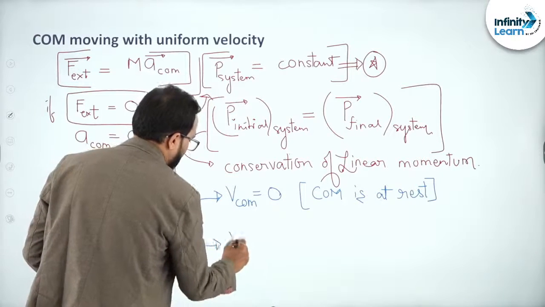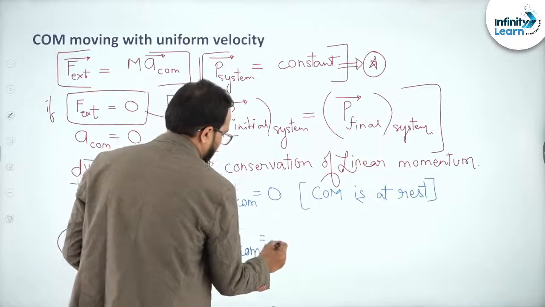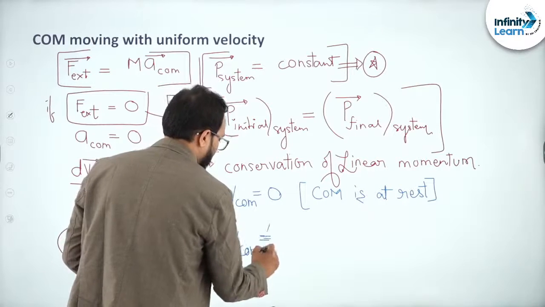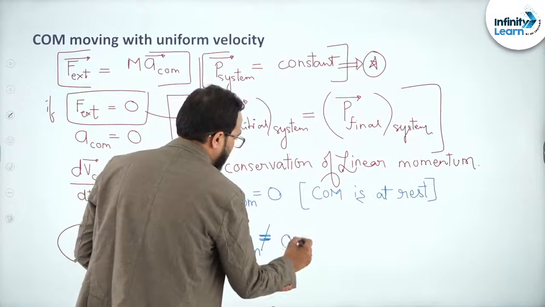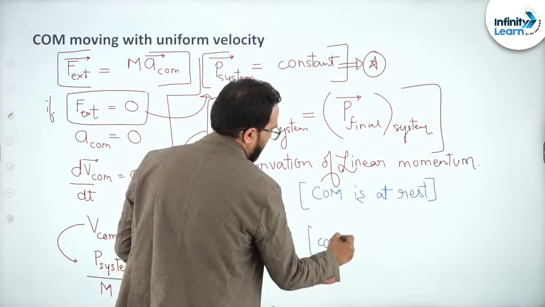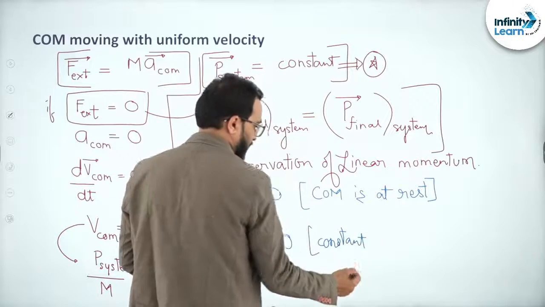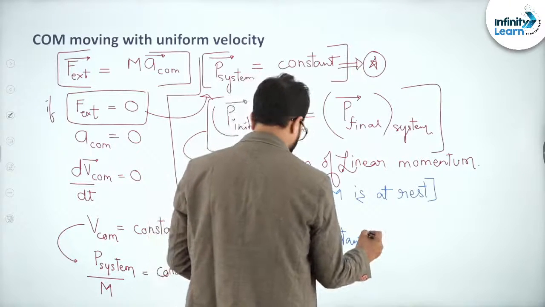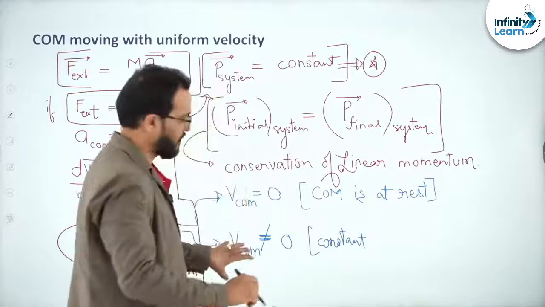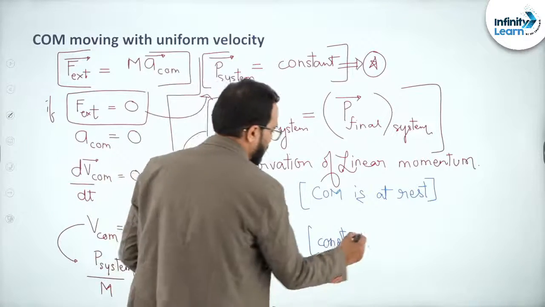Second case, the velocity of the center of mass is a non-zero constant, like 5 meters per second, 4 meters per second.